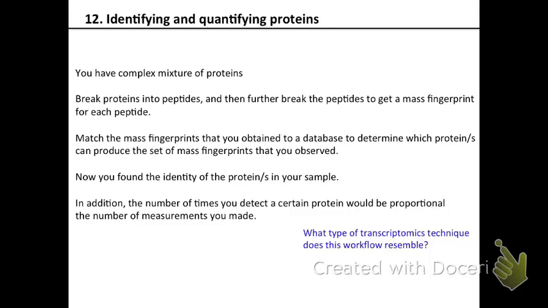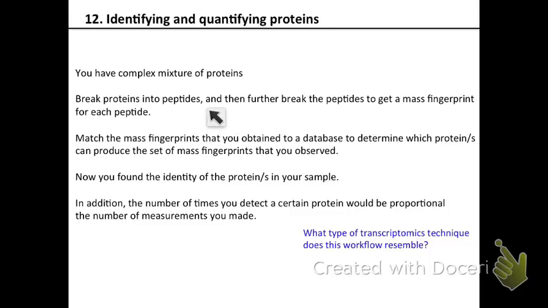Come on, guys. What does this resemble in transcriptomics? That's not transcriptomics, you're not analyzing RNA. Yes, thank you. That's exactly what it is.